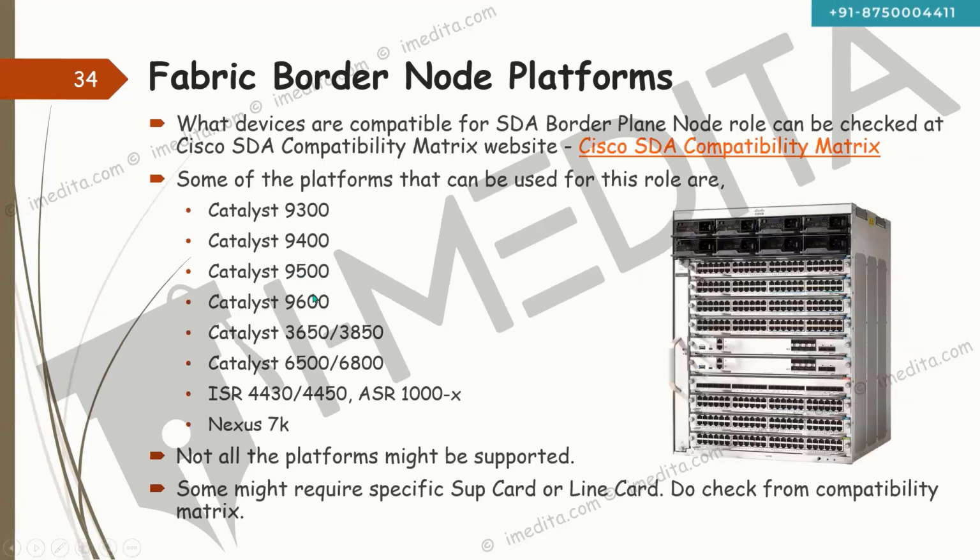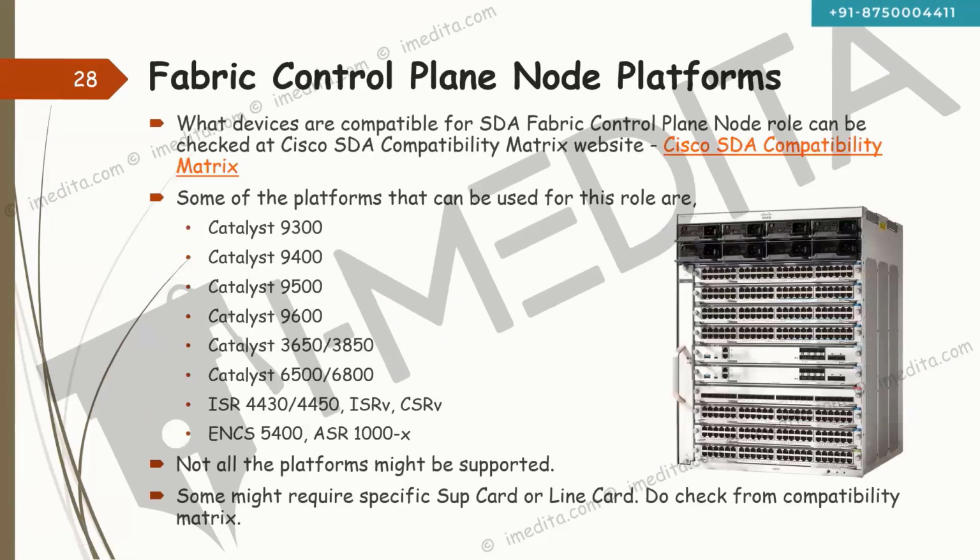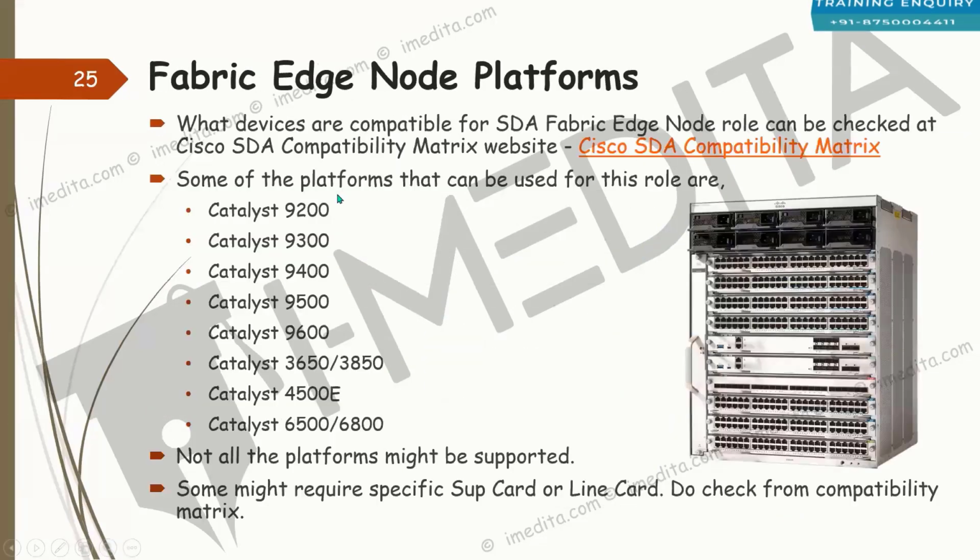In fact, almost all the switches are allowed to operate in all the modes. But can the ISR and ASR act as an edge node? The routers? No, ISR can act as the border node and the control plane node, not the edge node. Okay. Edge nodes are typically switches, not the routers.